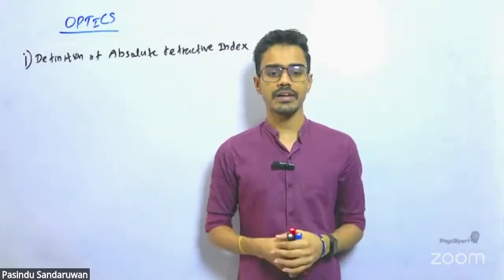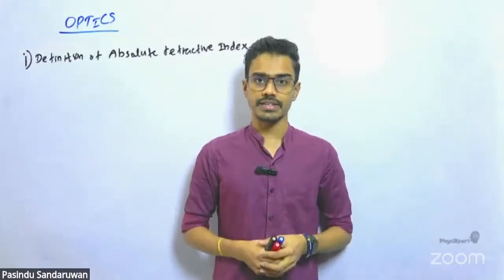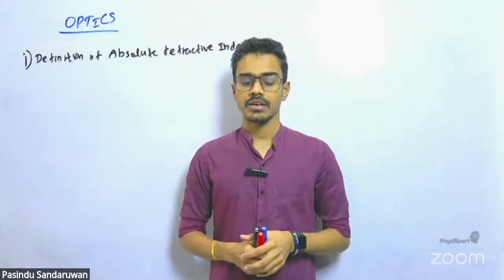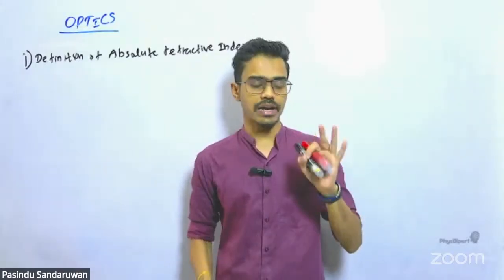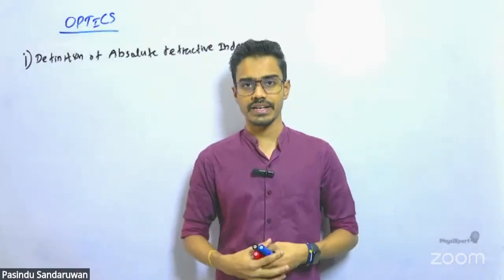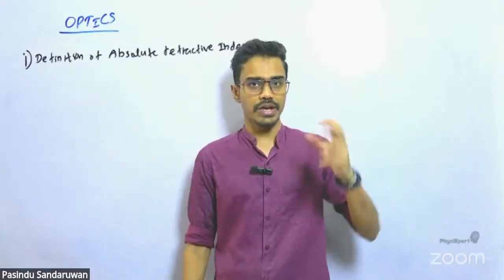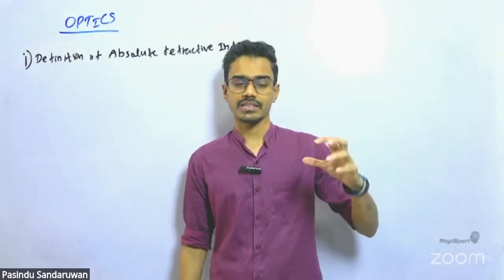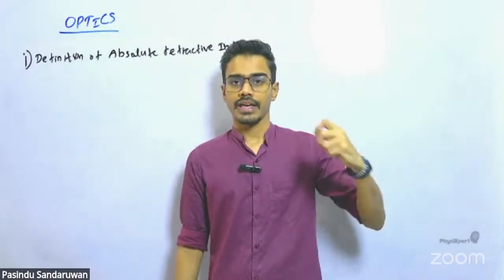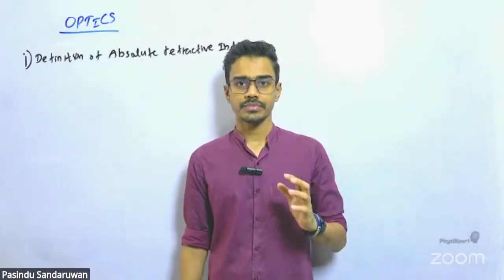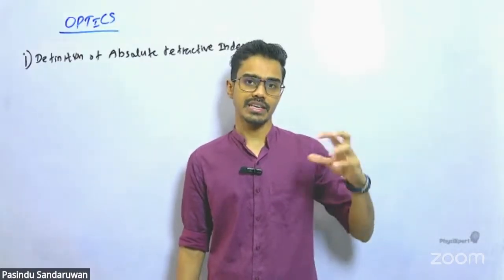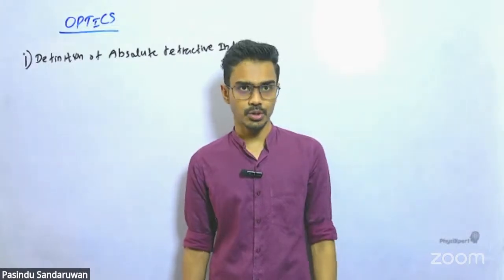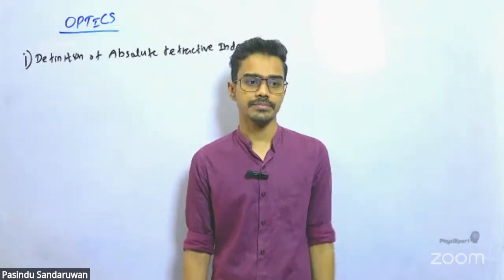That's how we have two different definitions for refractive index: absolute refractive index and relative refractive index. Absolute refractive index is when we define it with respect to air or vacuum, and relative refractive index is when we define it with respect to any other different medium.